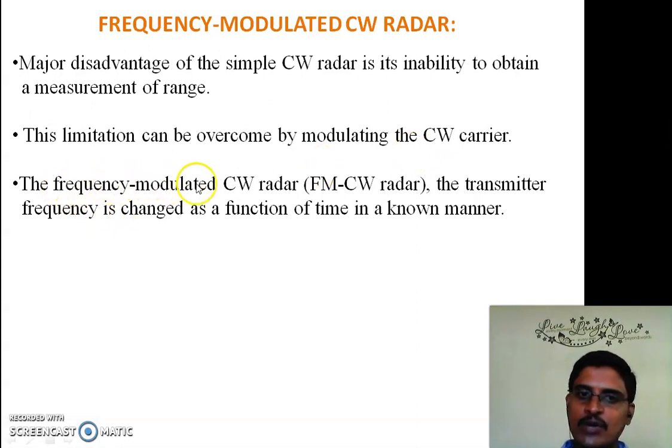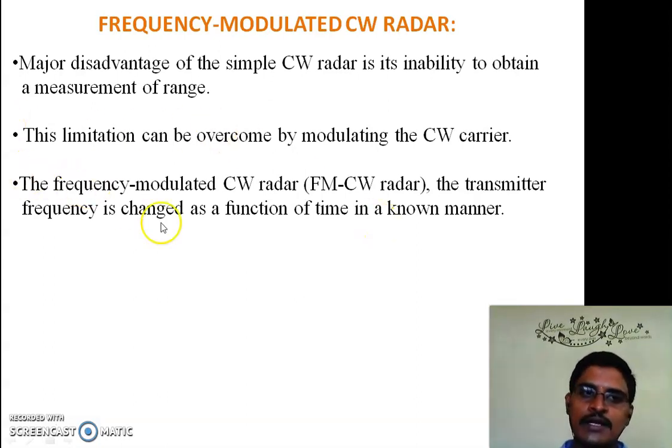In the frequency modulated radar, also abbreviated as FM CW radar, the transmitter frequency is changed as a function of time in a known manner. So if the carrier of CW radar is frequency modulated, then the CW radar becomes FM CW radar.